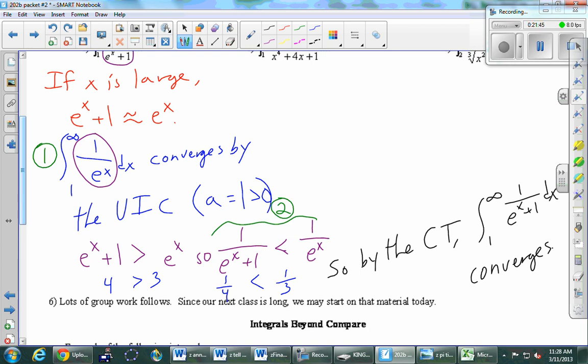We have to make sure that we've got this inequality, and it's got to be in the correct direction. And then three is the conclusion. So all three of these examples here, you're going to see those same three steps listed out. And like I said at the beginning, it's not the most exciting game to play, but we're going to play it for today.